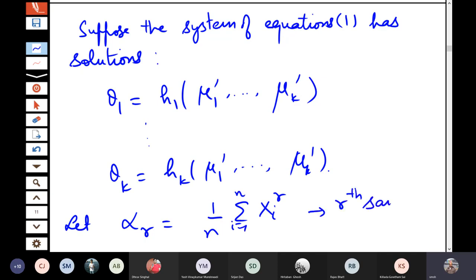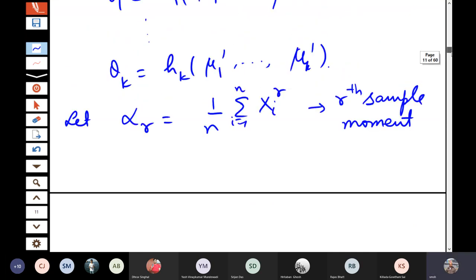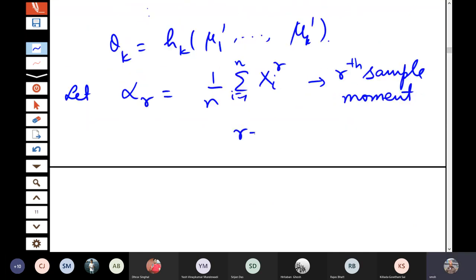So we define the rth sample moment as 1 by n sigma xi to the power r, r is equal to 1 to k.